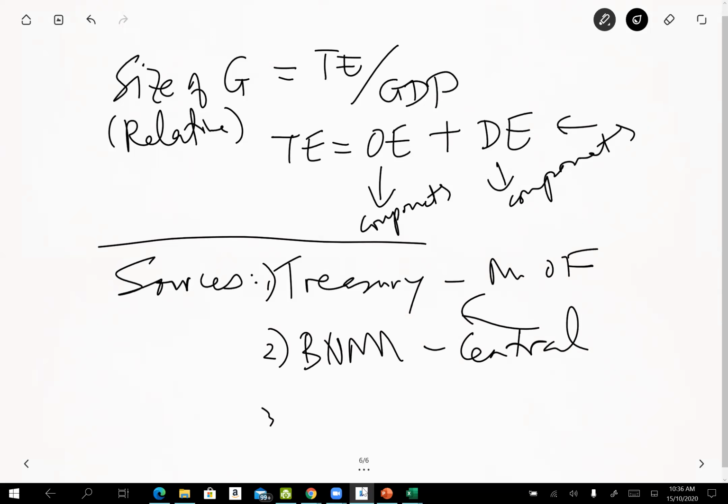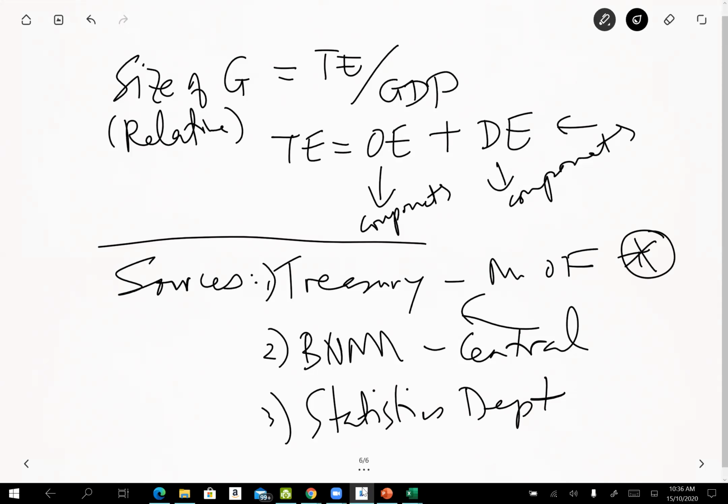And then you can go to the statistics department. I think for us, this one will be sufficient. If you go to the website of the Treasury, you will see economic data. So you go there, you will see all.